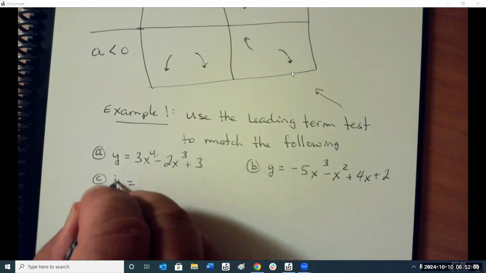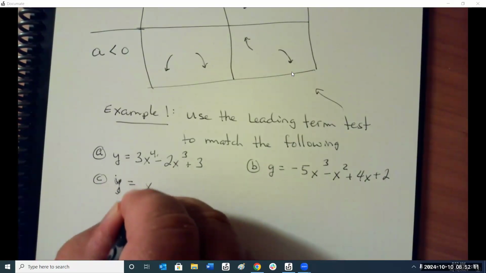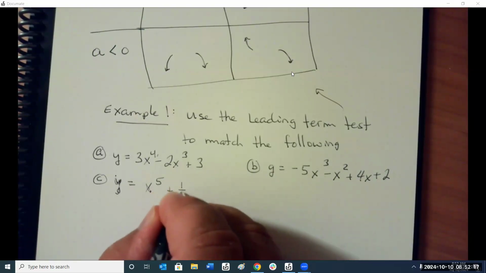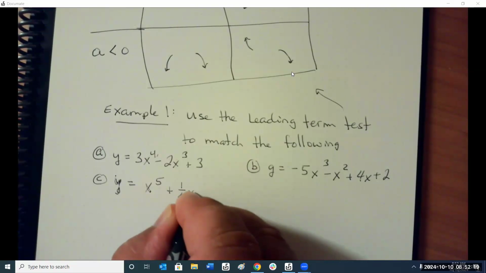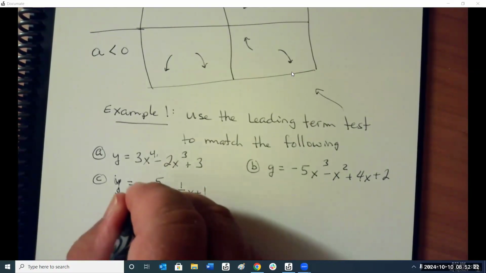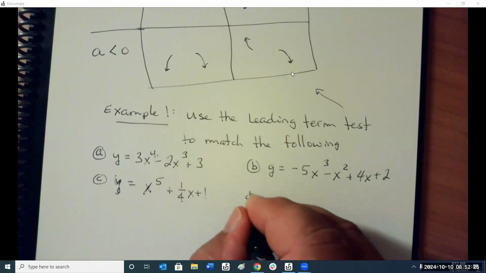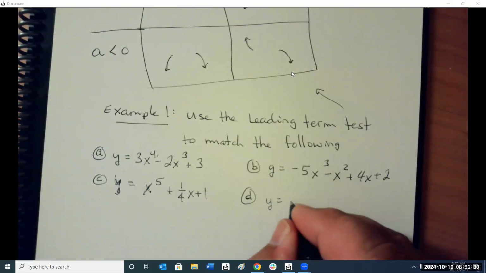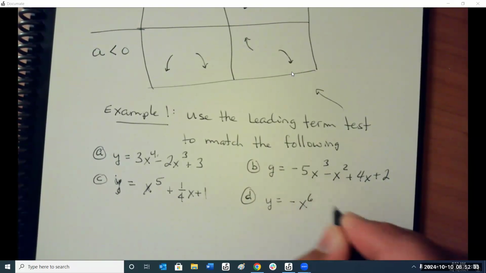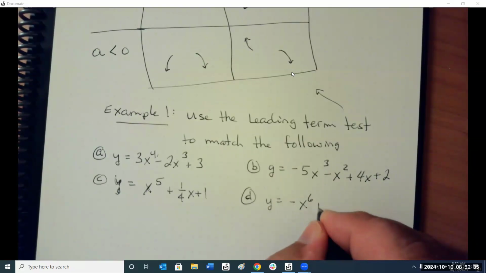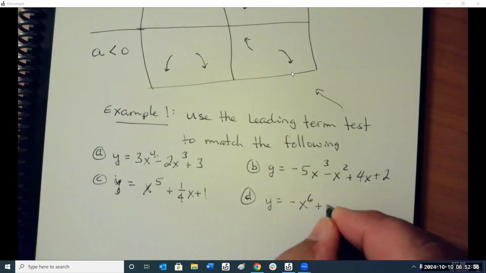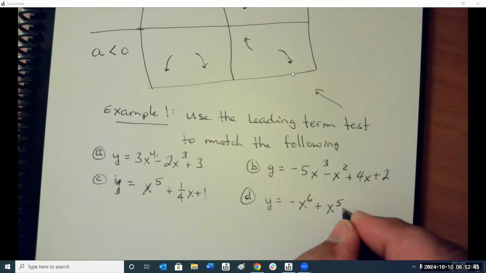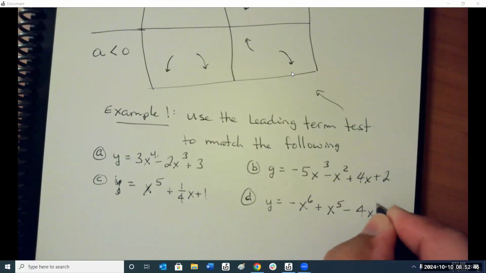C, y is equal to x to the 5th plus 1/4 x plus 1. D, negative x to the sixth plus x to the fifth minus 4x cubed.